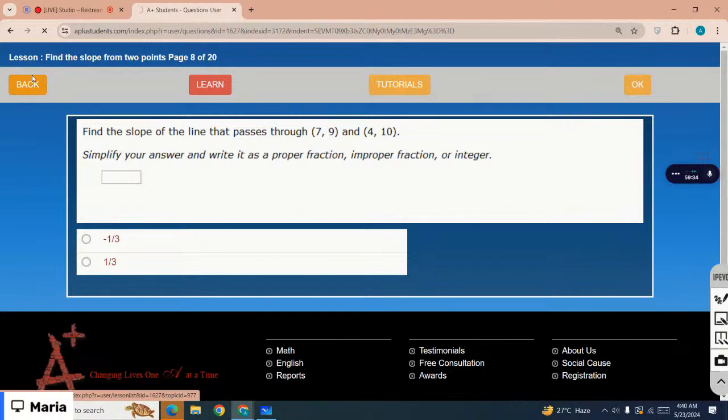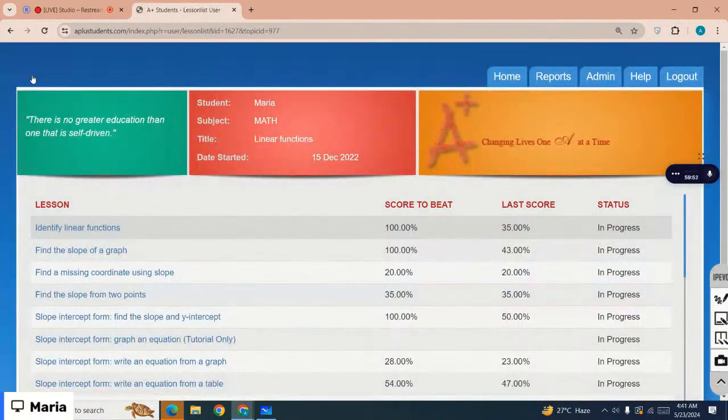So we were working on grade 9 math. The chapter we were working on is linear functions.